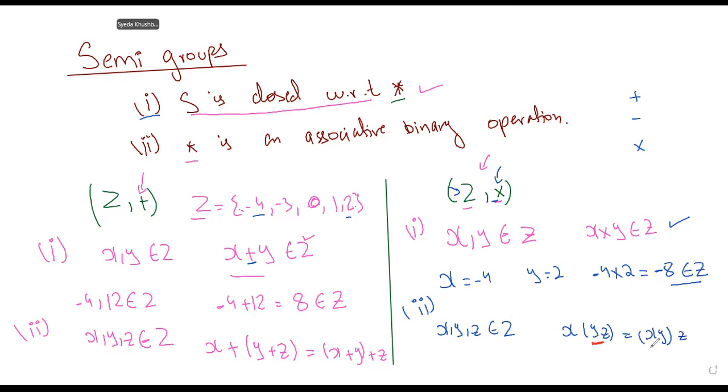This is what we are going to have. Are you guys clear with this? So we know that in addition and in multiplication, order does not matter. So Z is a semi-group with respect to addition and Z is a semi-group with respect to multiplication.